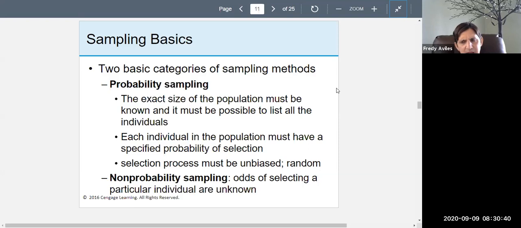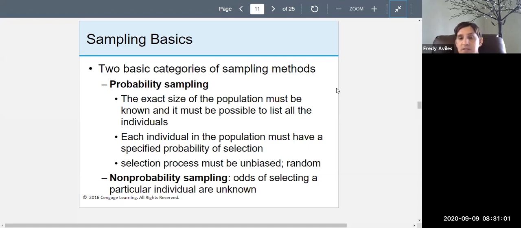And that is something that they can probably know. They can probably find out the exact number of people who are registered to vote, who are eligible to vote. Each individual in the population must also have a specified probability of selection. Each individual usually has to have the same chance of being selected.